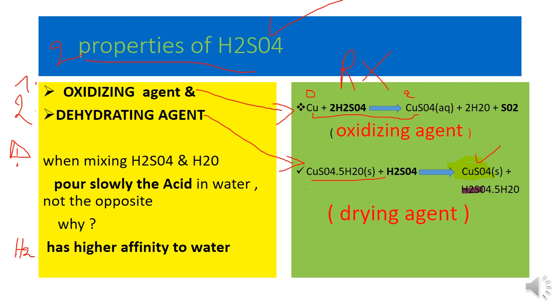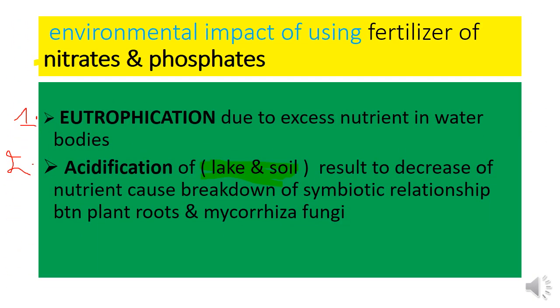Let us continue with the next slide. There is another piece of information to keep in mind. What is the environmental impact of nitrate and phosphate? This is the NPK, the impact of using NPK.